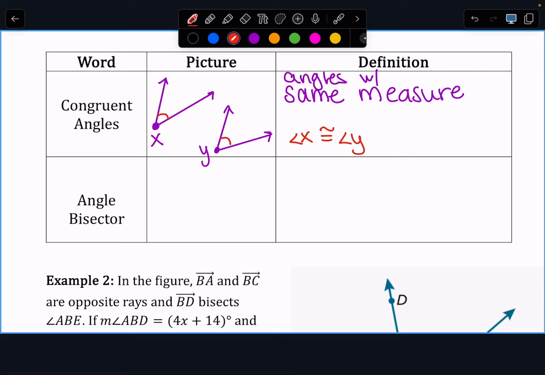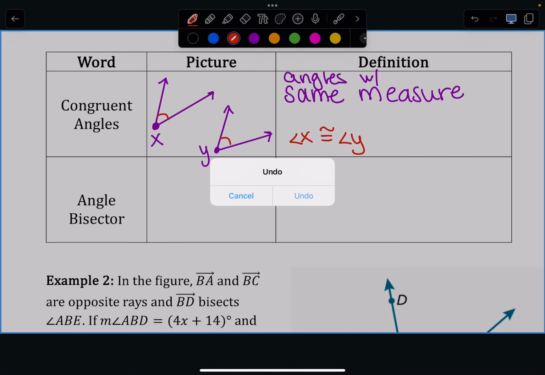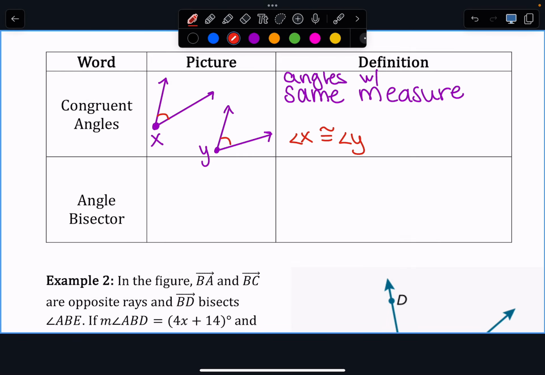All right. Now, do you remember the word bisector? Two equal parts. So an angle bisector cuts an angle into two equal parts.